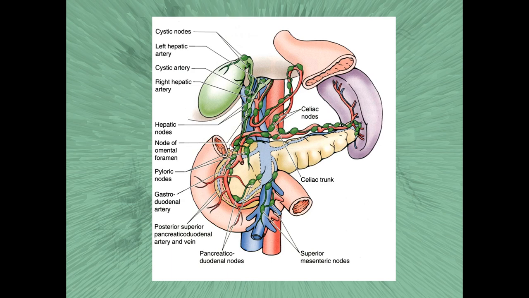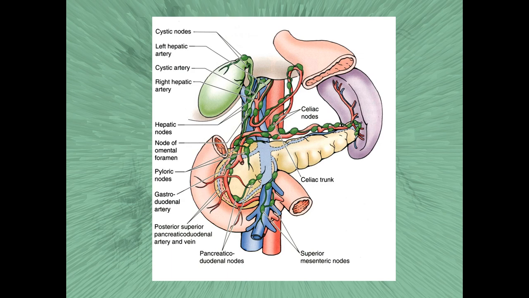Superior pancreatic duodenal lymphatic nodes are located around the corresponding artery. Inferior pancreatic duodenal lymphatic nodes are located around the corresponding artery. And quite important, a quite big group of lymphatic nodes is located along the splenic artery. This group is represented by the pancreatosplenic lymphatic nodes.